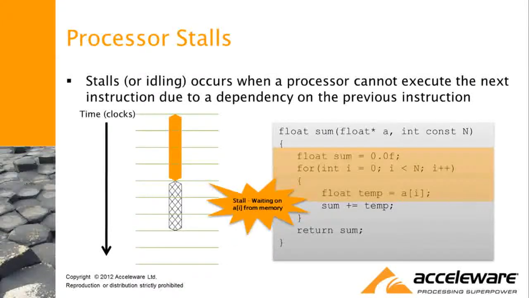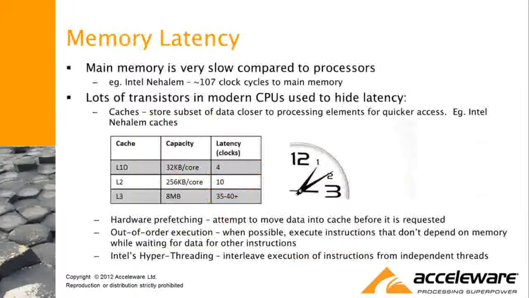The problem is this is doing a memory request behind the scenes. The GPU has to issue a request out to memory, grab that information, and store it in variable temp before it can do an accumulation into sum. That's causing a stall. The GPU cannot proceed until that memory has been retrieved.